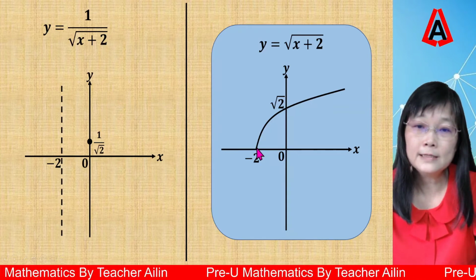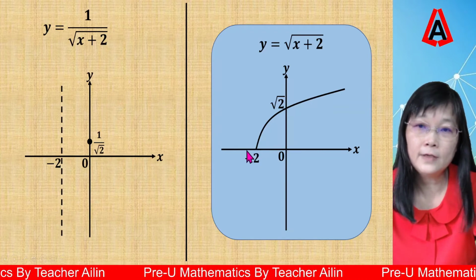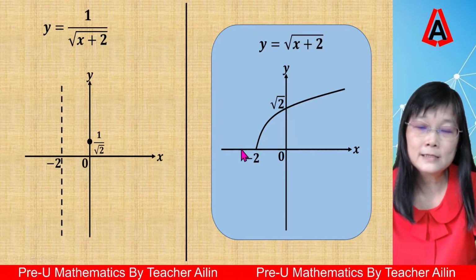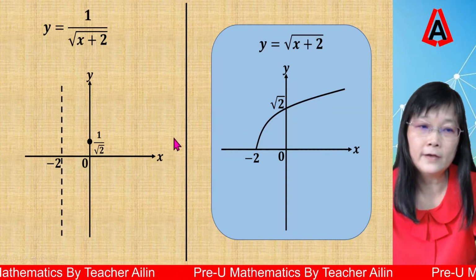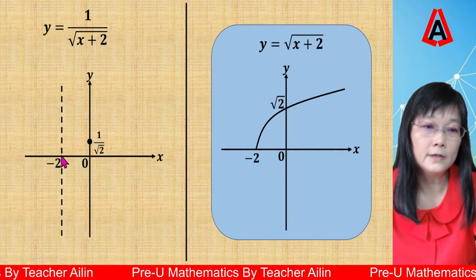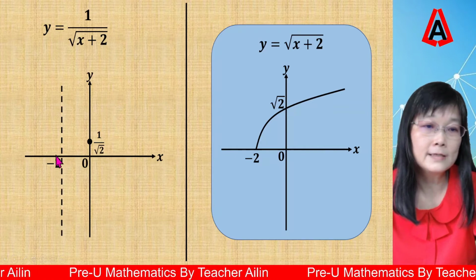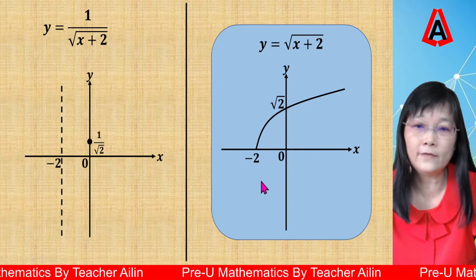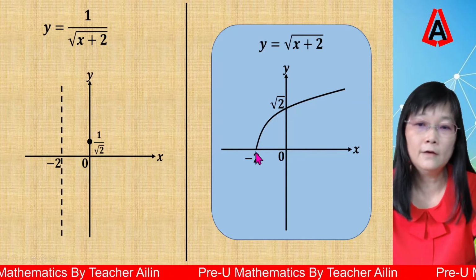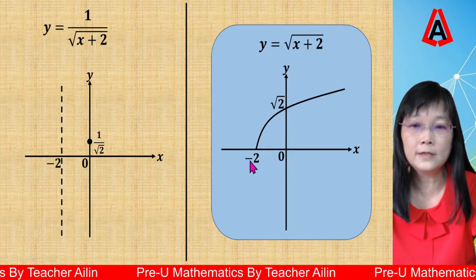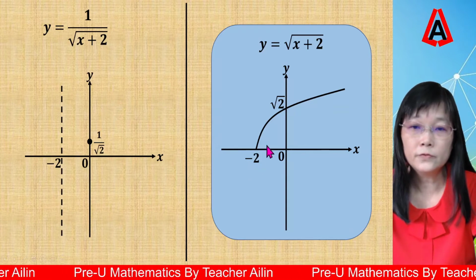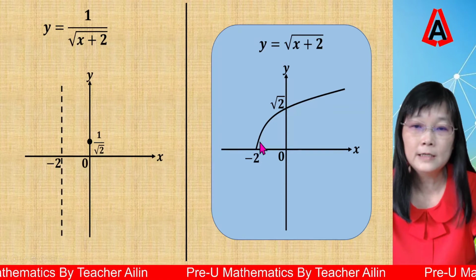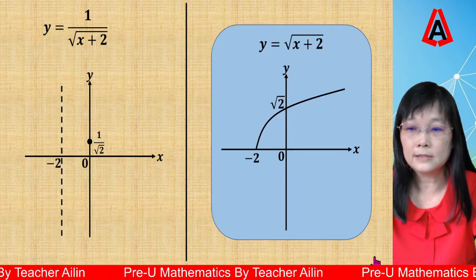For x slightly less than negative 2, we find that for square root of x plus 2, it is undefined. So for the value of x slightly less than negative 2, the reciprocal function is also undefined. Then for the value of x which is slightly greater than negative 2, we can see that the value of y is slightly greater than 0.